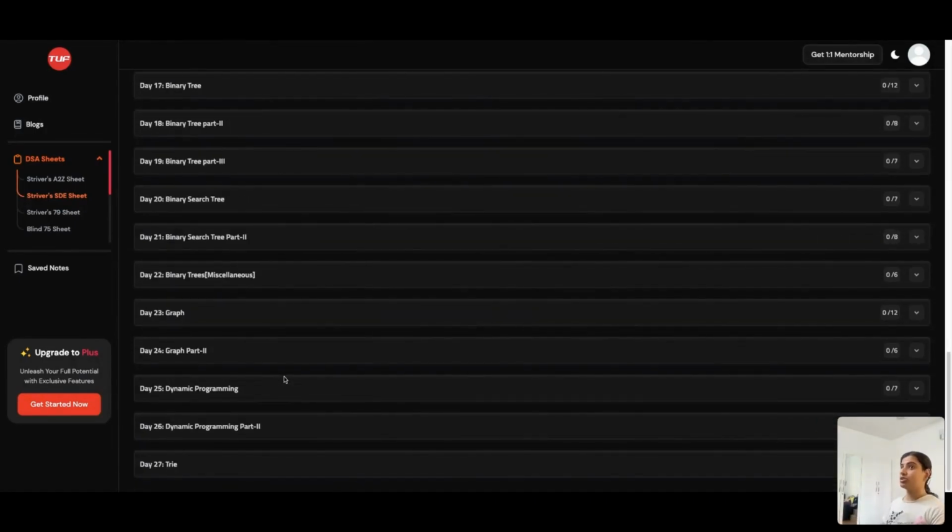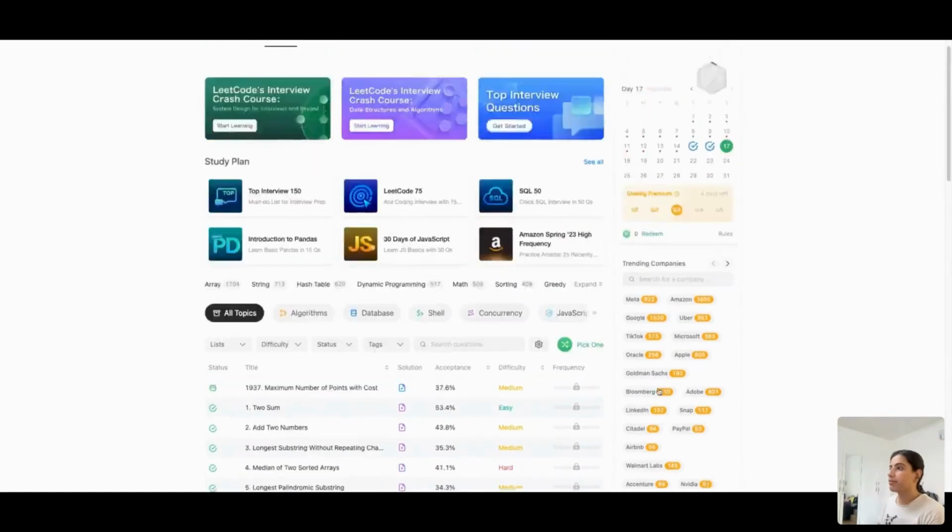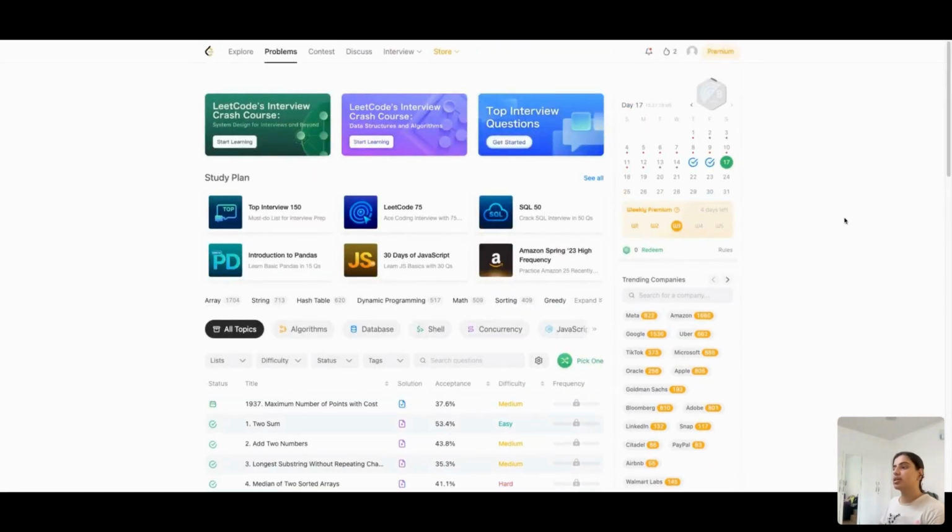The other resource apart from this can be searching through company-wise questions. Let's say you are applying for a Google interview and you want to see what kind of questions appeared in previous interviews. You can definitely go ahead. LeetCode has company-wise tagged problems, or if you don't have LeetCode Premium, you can just search on Google.